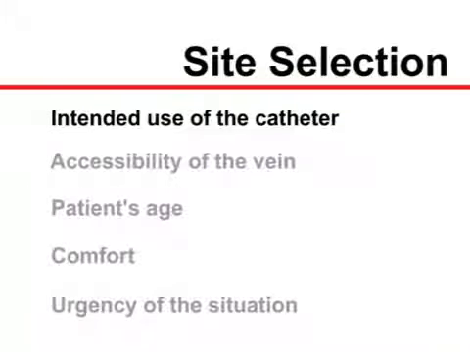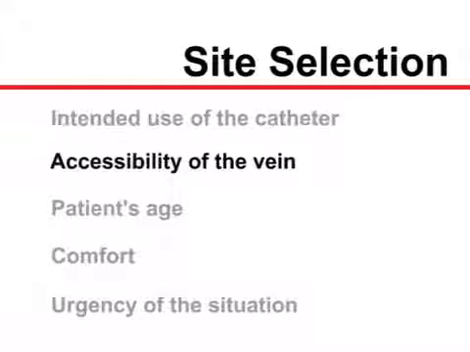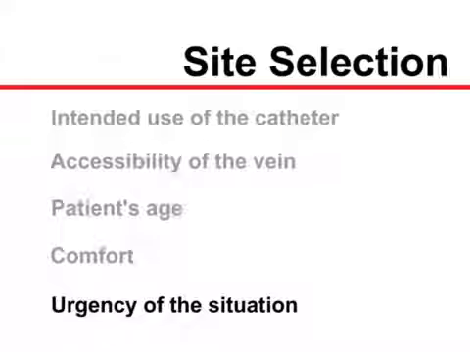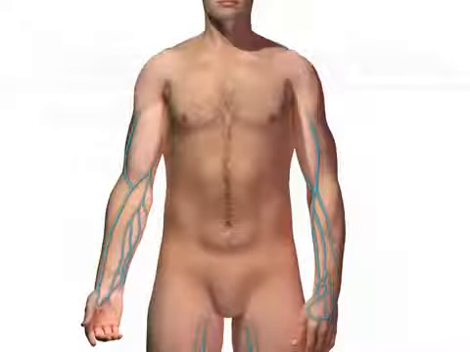Choosing a site for intravenous cannulation depends on many factors, including the intended use of the catheter, accessibility of the vein relative to the position of the patient, age and comfort, and the urgency of the situation. In general, upper extremity veins are preferred, as they are more durable and are associated with fewer complications as compared with lower extremity veins.